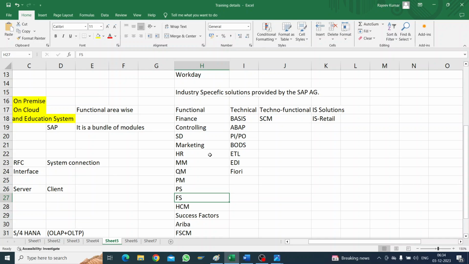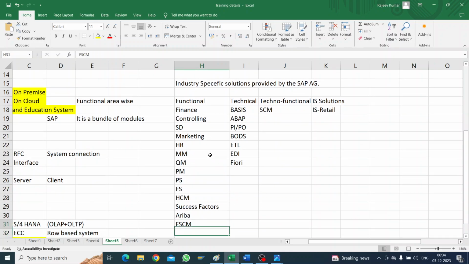Otherwise, we also have FSCM, Ariba, SuccessFactors, HCM. HCM is human capital management.